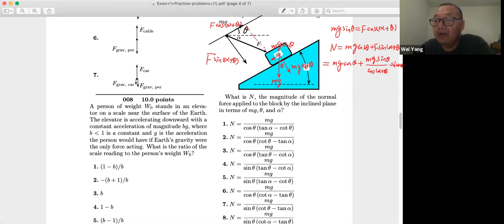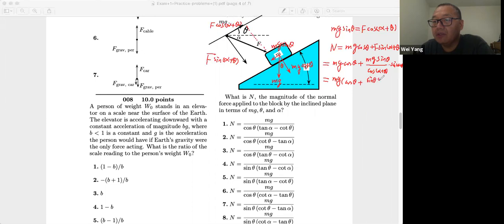Now let's continue. Then we can take the common factor mg out. So then we get cosine theta, then plus sine theta times sine alpha plus theta over cosine alpha plus theta.